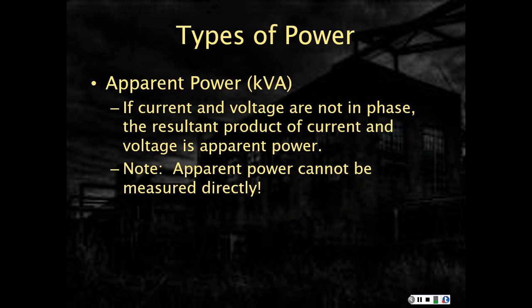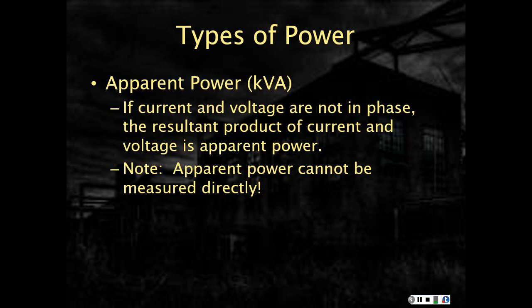On the other hand, the power that's required by the electrical utility company, known as kVA, is what the power company has to provide. Now, if both voltage and current were in phase, kVA would equal kW. But again, because of inductive loads, it's not.